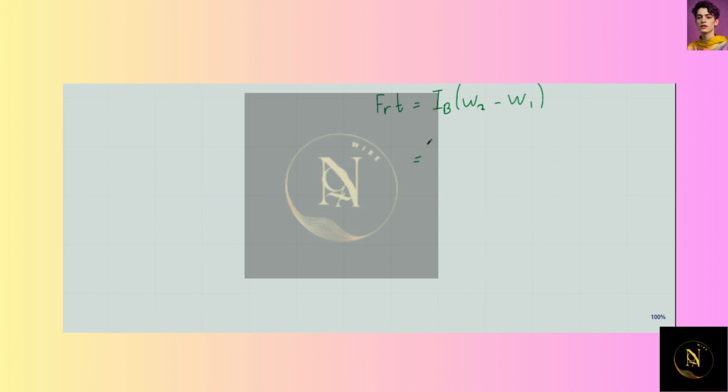So FRT is simply 446.38 into 8 pi minus 6 pi. And so we get FRT to be 2,804.7 pound feet squared second, or pound feet second.